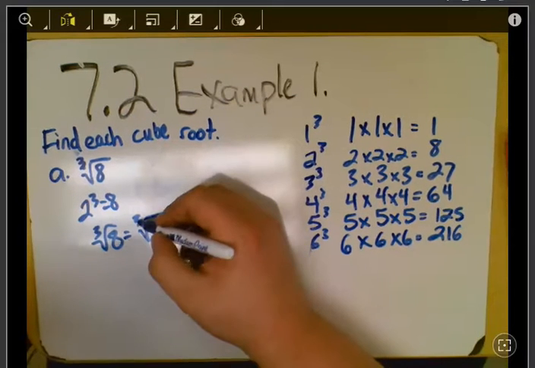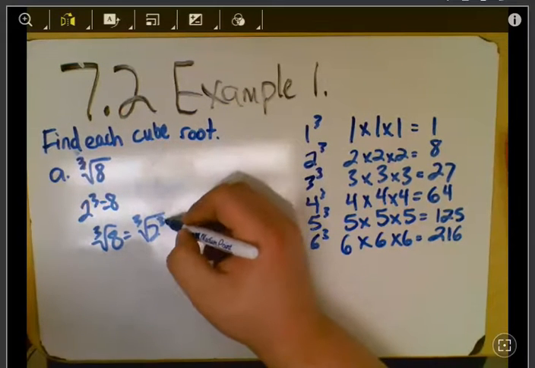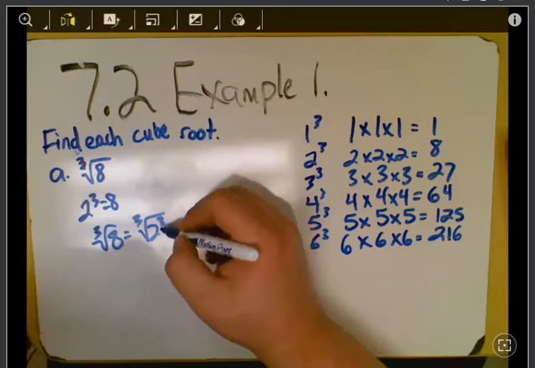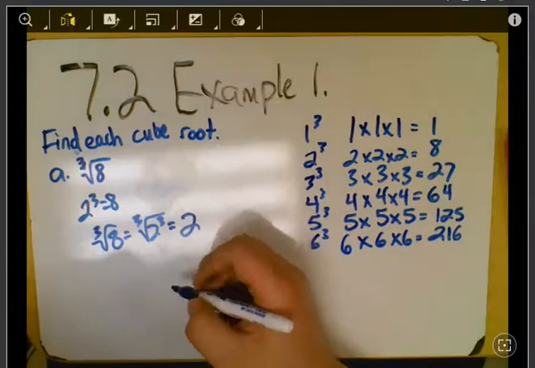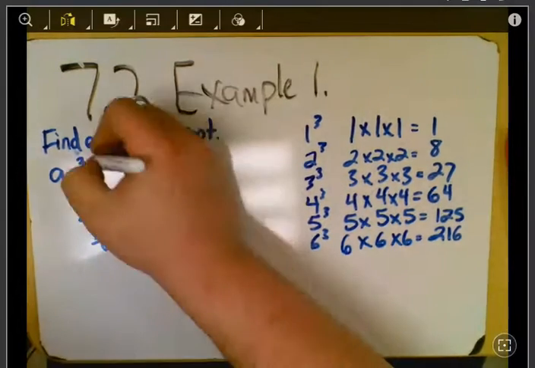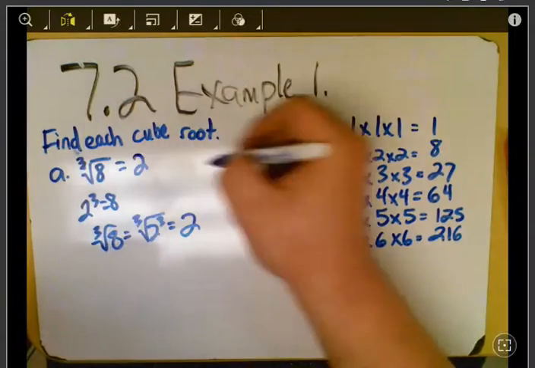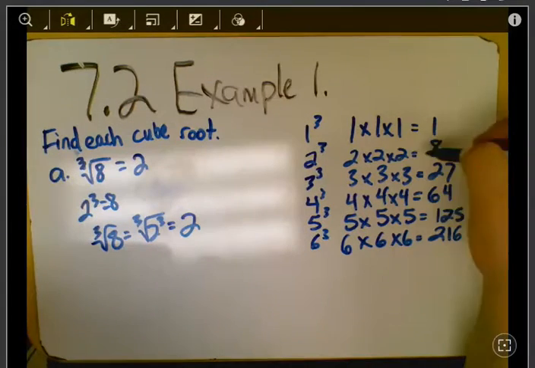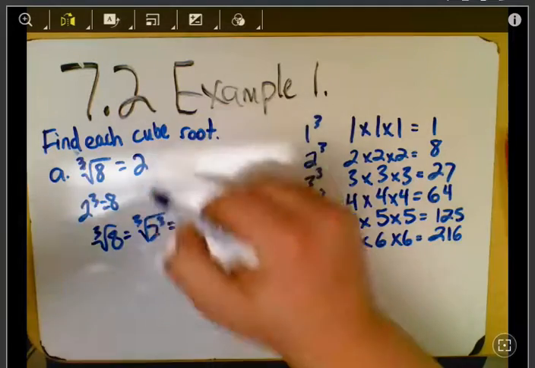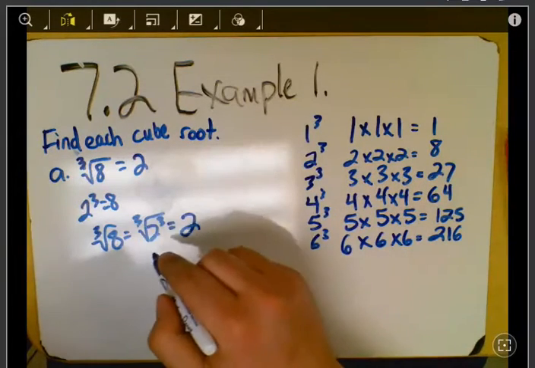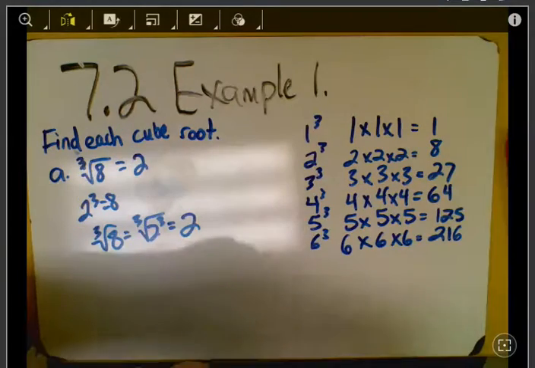And the cube root is the inverse of cubing, so that means the answer is 2. So you can go directly to 2 from here if you know that 2 times 2 times 2 equals 8. You can go straight to that. This is the in-between stuff of the mathematical stuff.